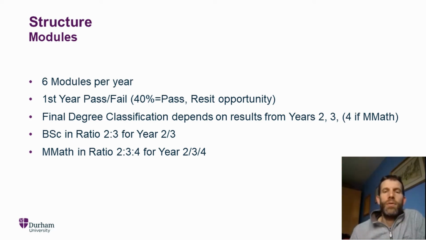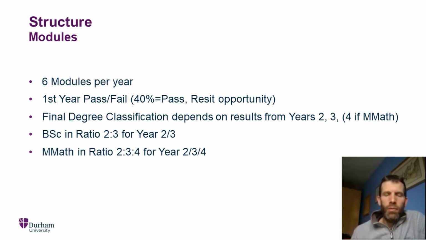A pass is 40% in the exam, and you do get the opportunity to resit at the end of the summer if you fail in the first year. So all you have to do in the first year really is to pass to get through to the second year, but your marks don't count to your final degree.